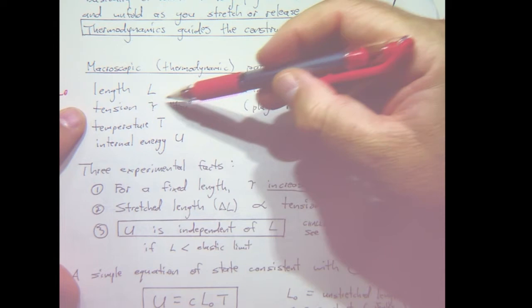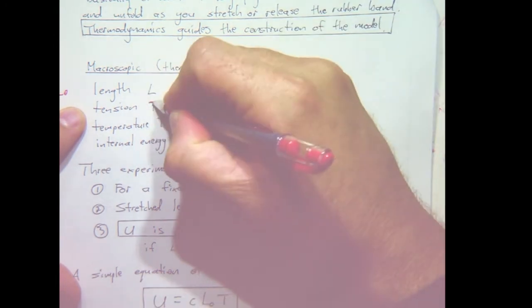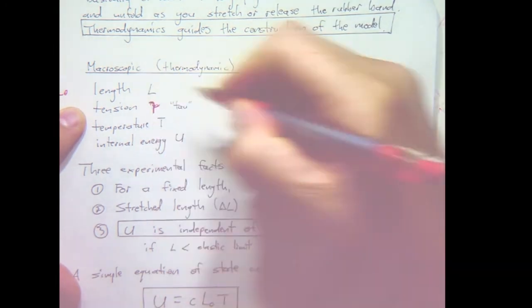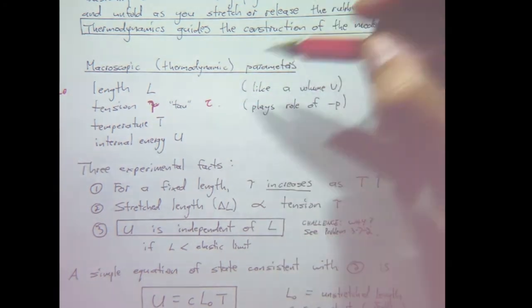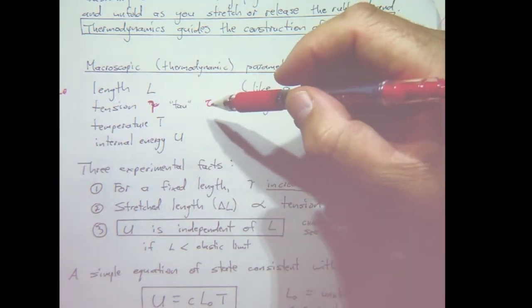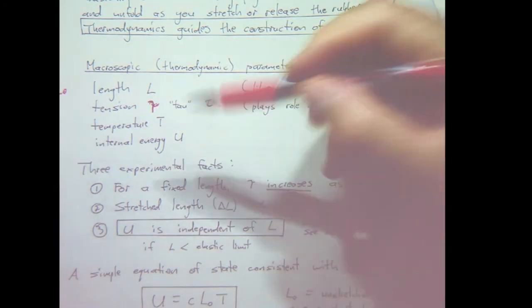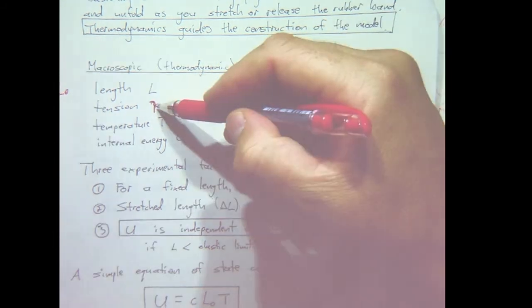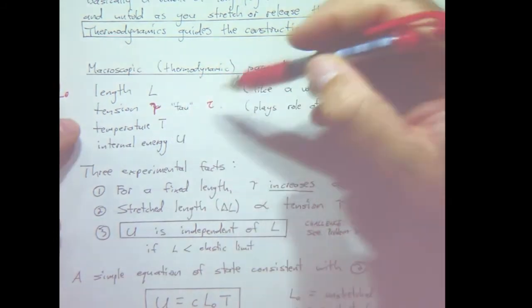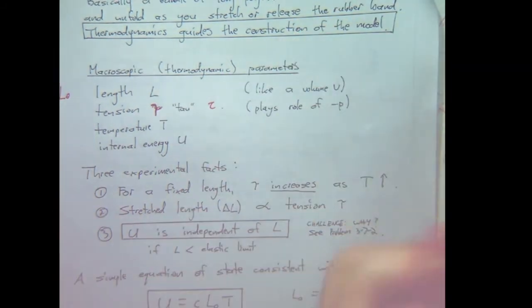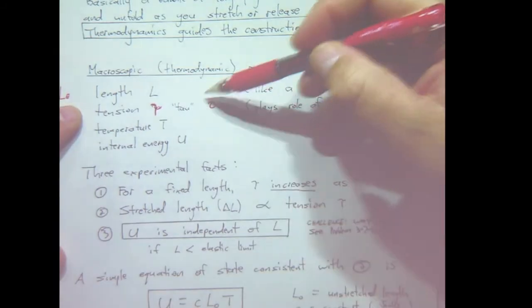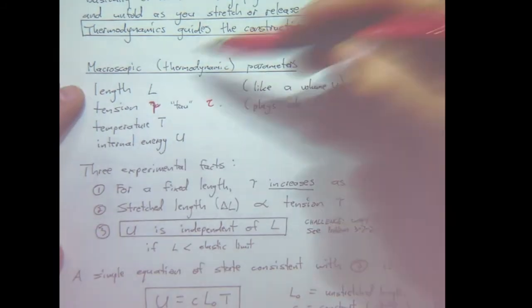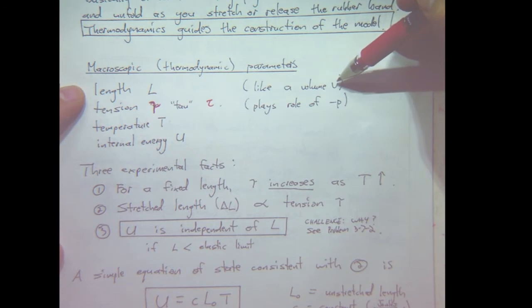There's a tension, that's supposed to be a tau. Sometimes I write tau like a Japanese ten. Sometimes I write that and it's awful because it looks like an R. So tension, temperature T, internal energy U. Now the tension plays the role of minus P and the length plays the role of the volume.